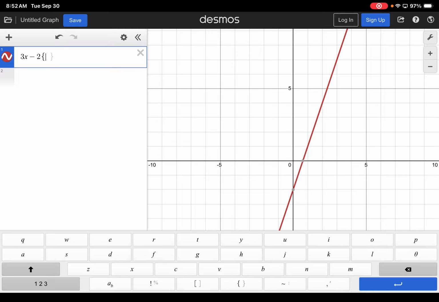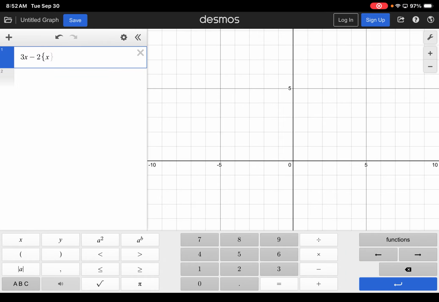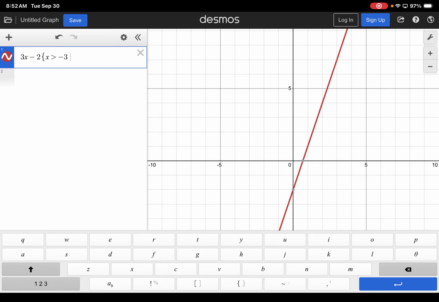Squiggly bracket, and then you say x is greater than negative 3. And that's telling it to restrict the function to negative 3.